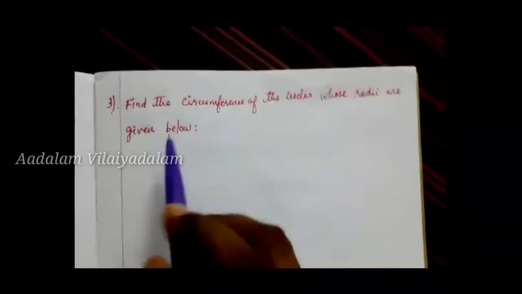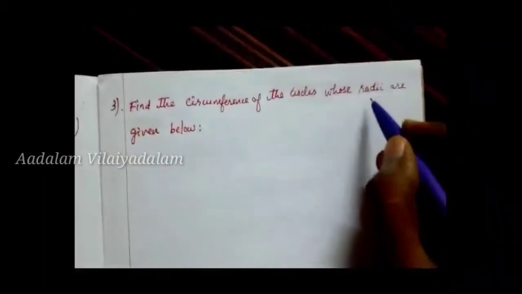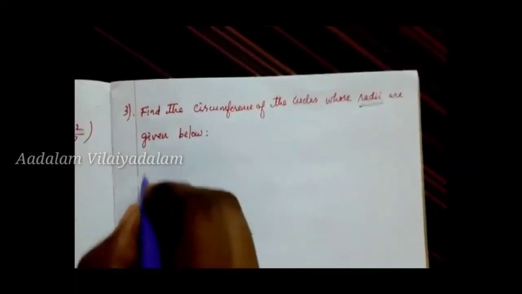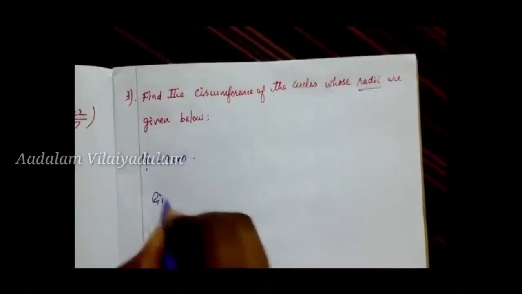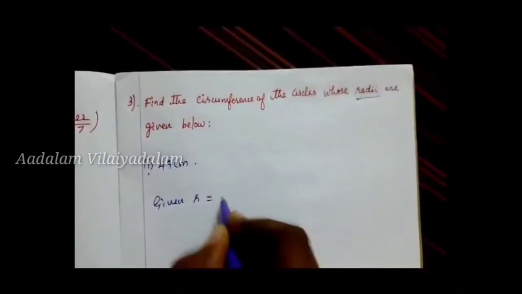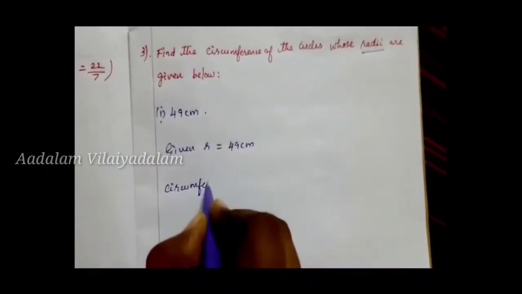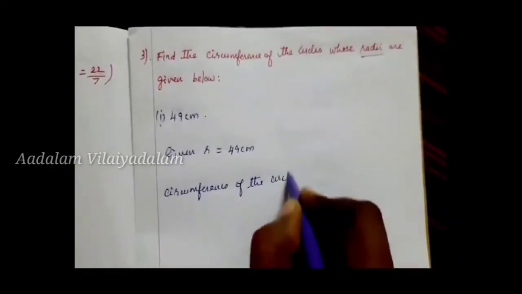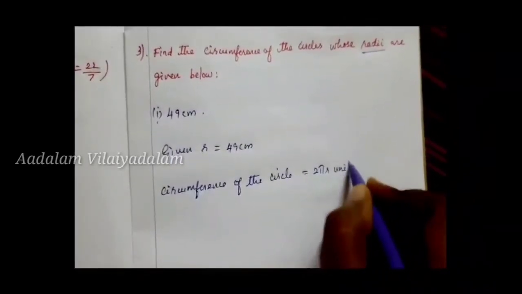In the third question, find the circumference of the circles whose radii are given below. Here radii is the plural and radius is singular. Here the first subdivision is given 49 centimeter. So what is given is radius, that is r equal to 49 centimeter. To find the circumference of the circle when radius is given, we have to use this formula, circumference of the circle equal to 2 pi r units.